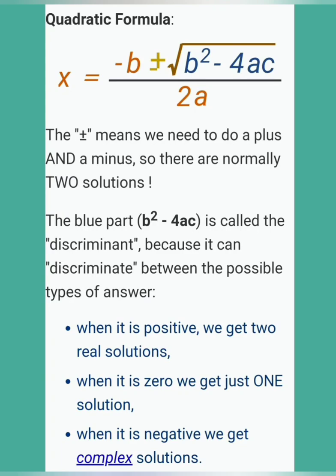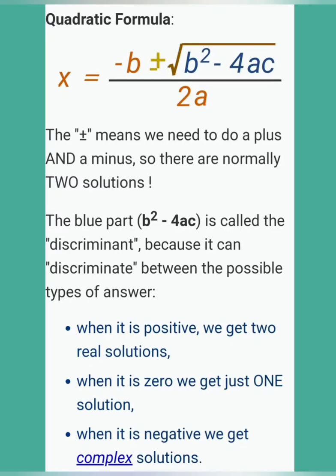So here for the x we need to do a plus and minus so that you are getting two solutions for the quadratic equation ax square plus bx plus c is equal to 0.